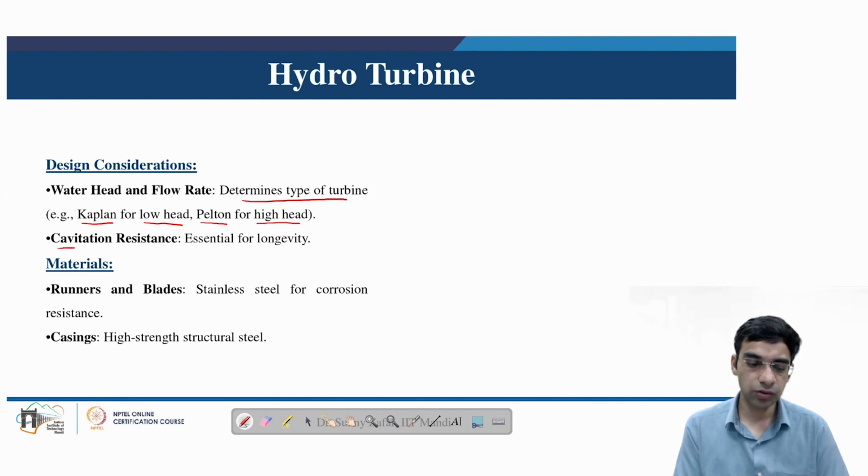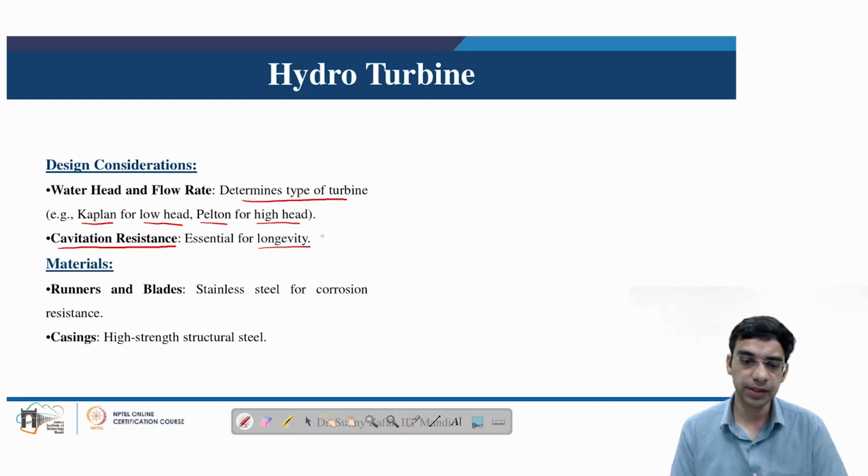So cavitation erosion resistance is also essential for the longevity of these turbines, because when the water is flowing in the spiral casing in the turbine, many a times there will be a pressure drop below the atmospheric pressure, which will result in generation of water vapors.